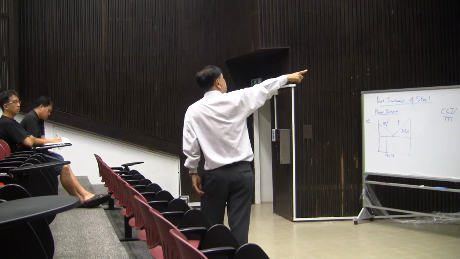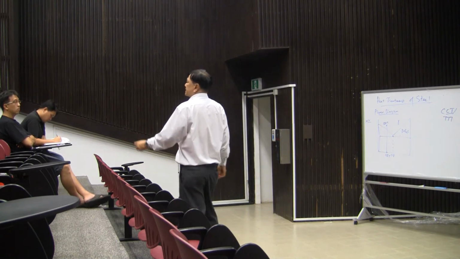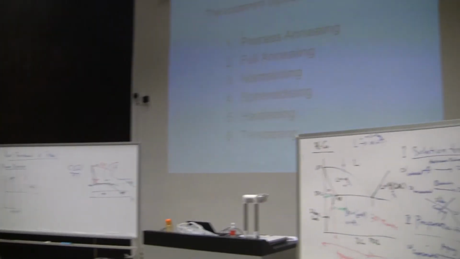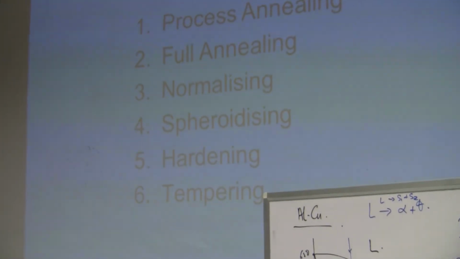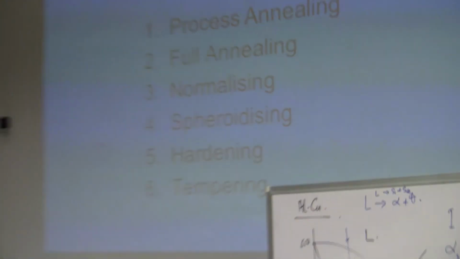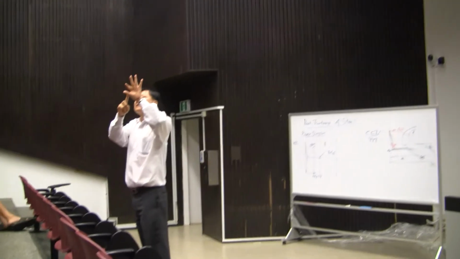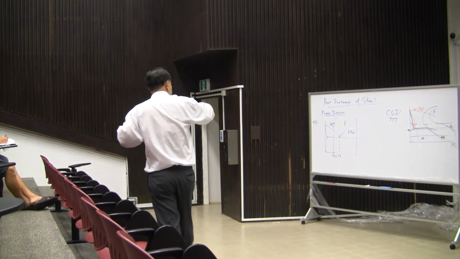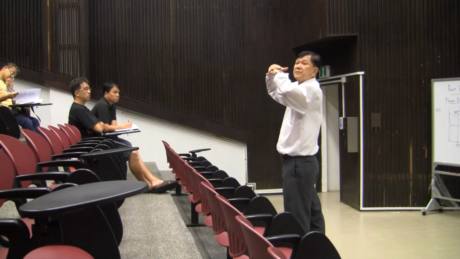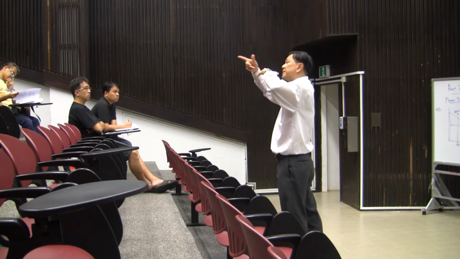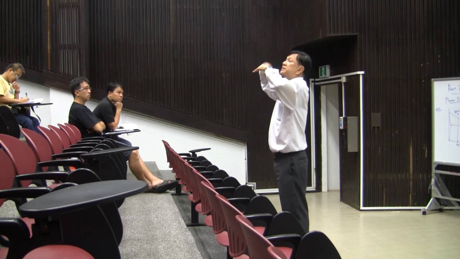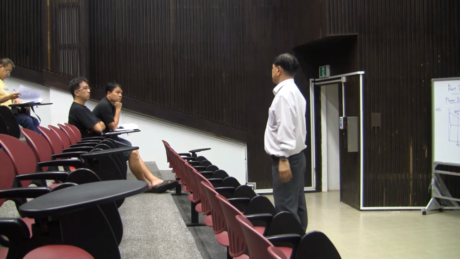Now, what is this spheroidizing anneal? We are saying that if you are over this side here, if my carbon content increases, my cementite becomes what? More coarse. Cementite is what? Iron carbide. Very hard. So when I do machining, I will have a problem.